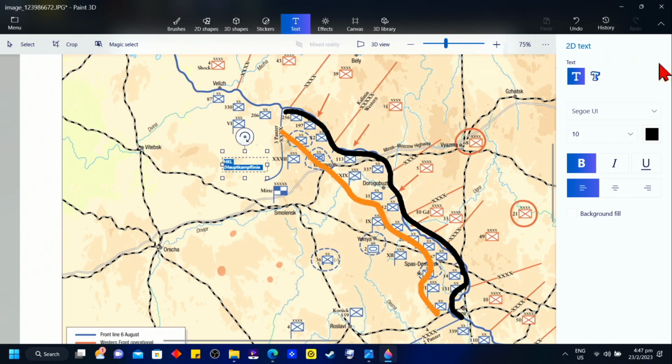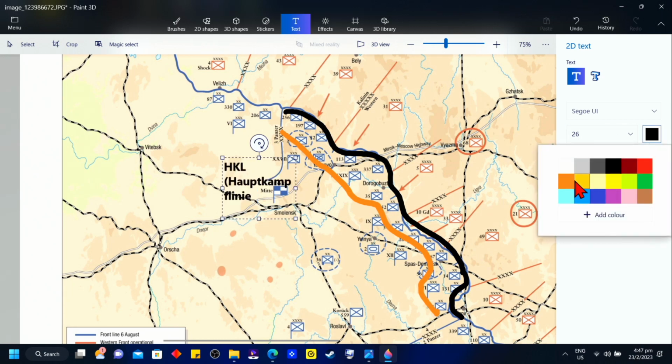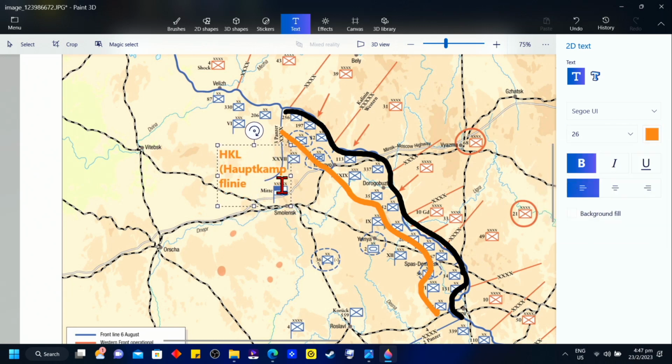Yes, correct. So HKL. So they have a second line of defense. This is according to the book, the main German line of resistance.